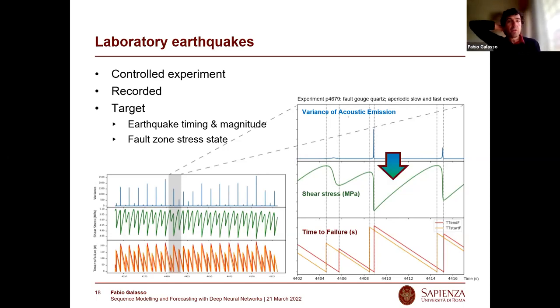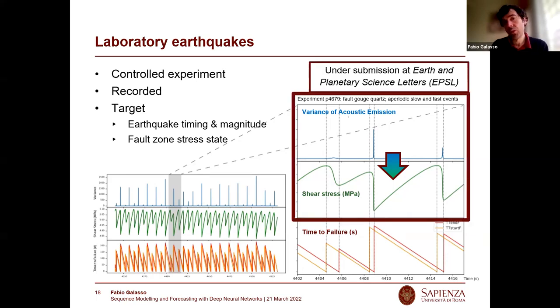Right, in the submission that we currently have at EPSL, we have dealt with 2 aspects. So the first one is how to go from the variance of acoustic emission to predict the stress at the same point in time. We call it a prediction.